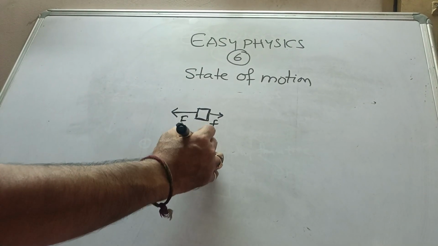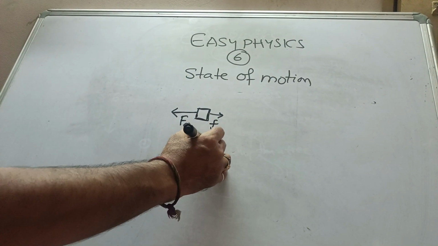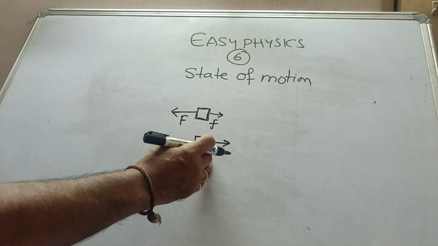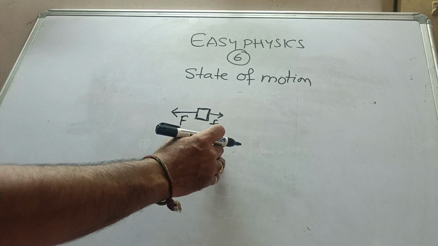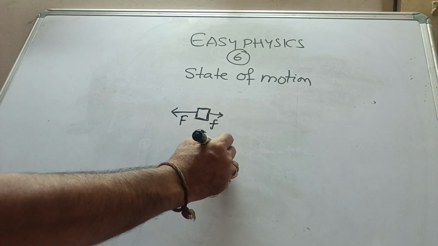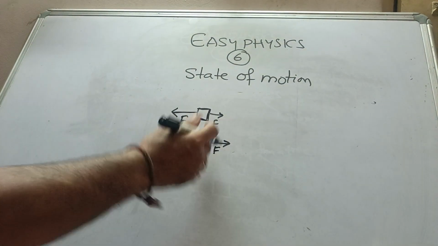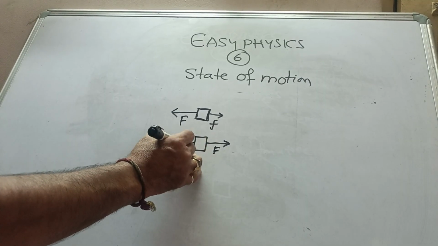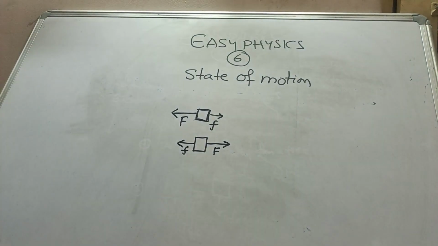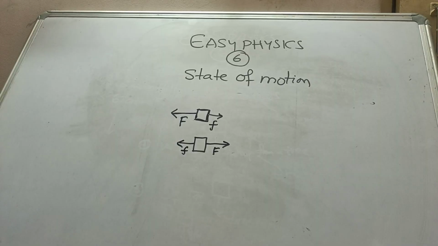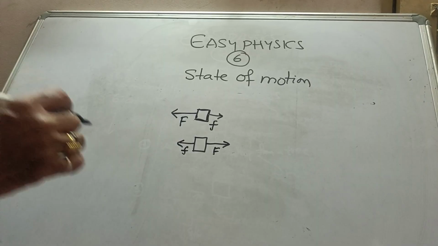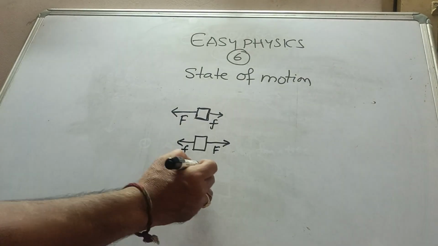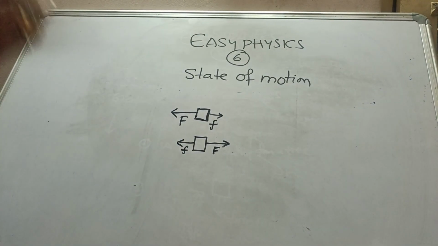Suppose the same object is moving towards the right side. If there is no frictional force, simply you can put it like this. Even if there is a frictional force, it is always in the opposite direction. Suppose you take an aeroplane moving from right to left.